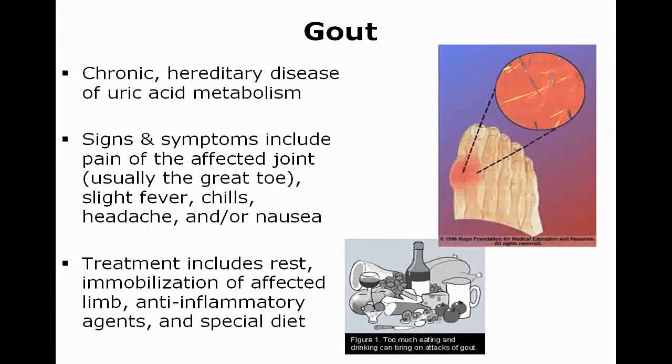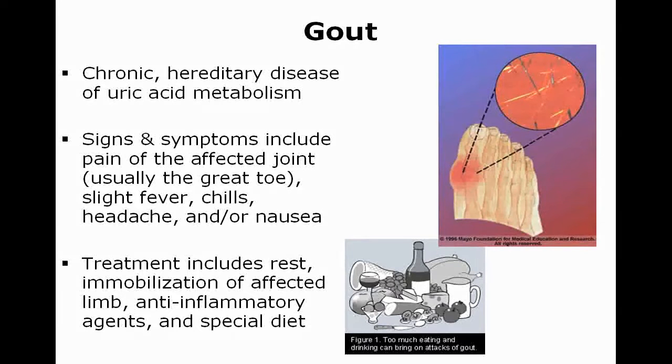Okay, the next condition is gout, a chronic hereditary disease of uric acid metabolism. So, it runs in families. It's a problem with the way uric acid is changed chemically in the body.